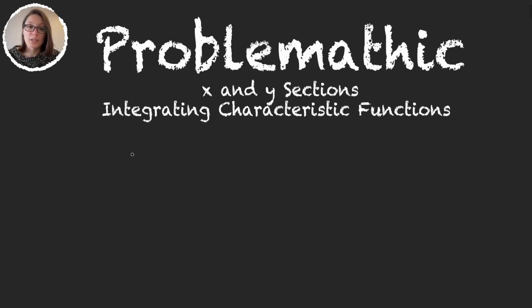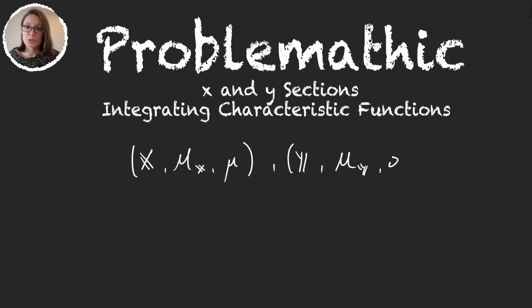So in the past few videos, we learned that if I gave you, let's say, two measure spaces, X with a sigma algebra M_X and the measure mu, and another one, let's call it Y with a sigma algebra M_Y and the measure nu, then from this we learned how to define this product measure that we denoted as mu times nu.